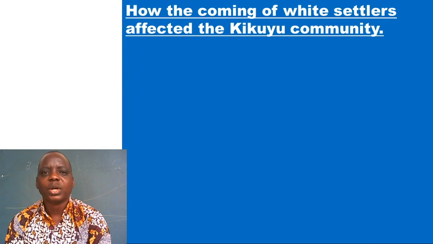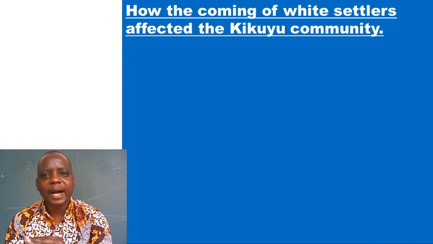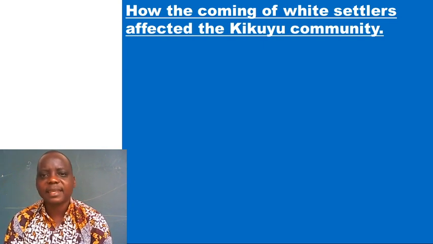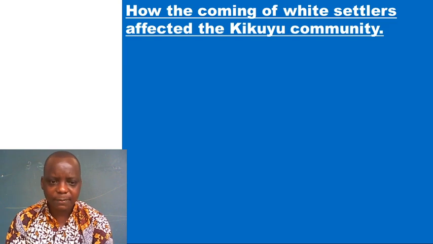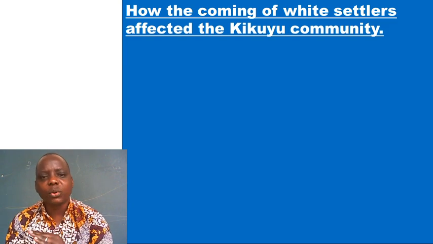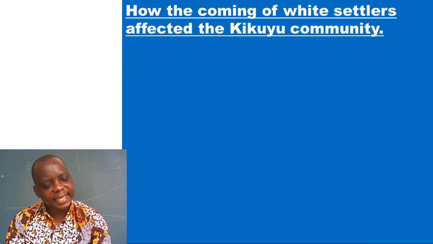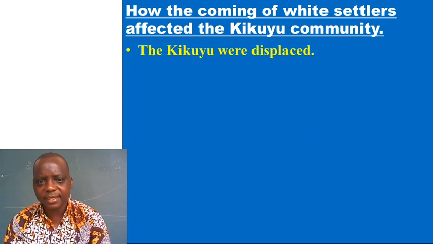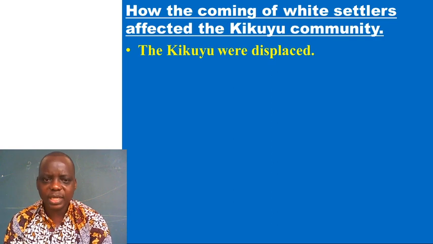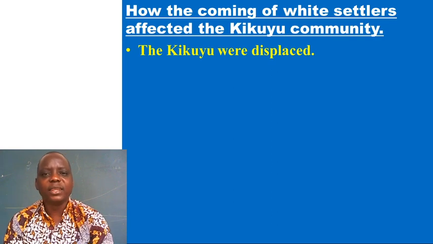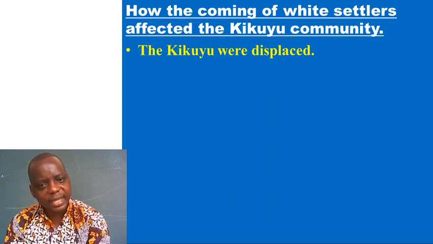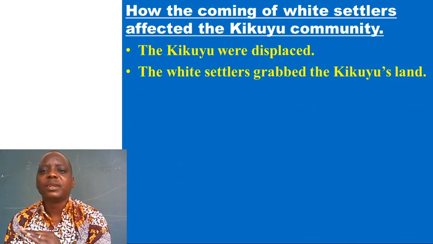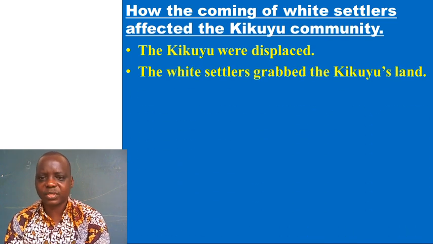We continue to look at how the coming of white settlers affected the Kikuyu community. Now, the Kikuyu were the occupants of the Kenya Highlands. So the coming of these people affected this Kikuyu community greatly, in that they were displaced from their homeland or their original area of settlement.